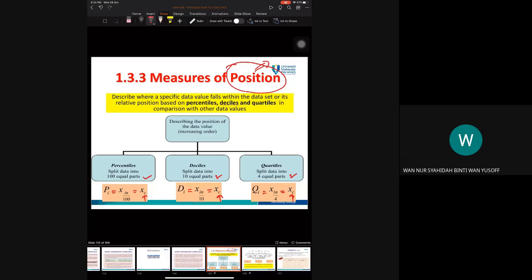We can discuss the performance of the staff, performance of the student based on the percentile. We don't use decile a lot, but we use quantile a lot.